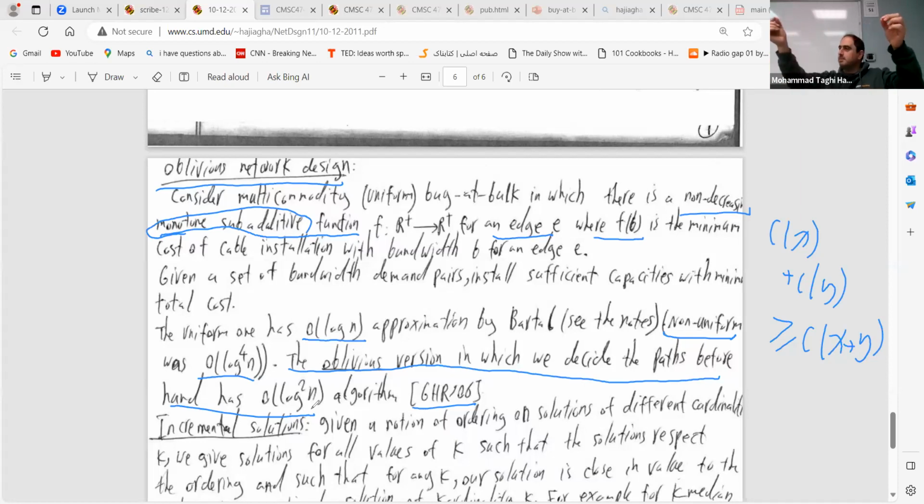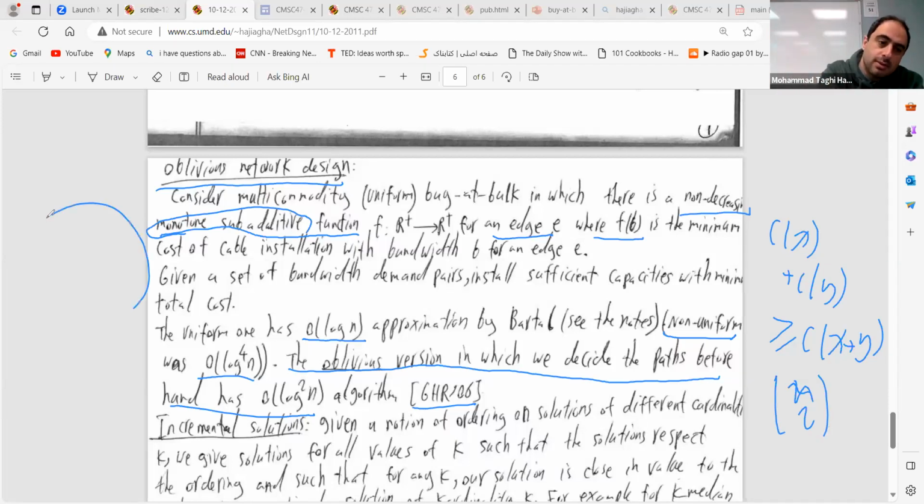There are n choose 2 pairs coming, and the demand is just the demand d_i, because as I mentioned, we can always say that we are sending through one path. So these demands are coming.